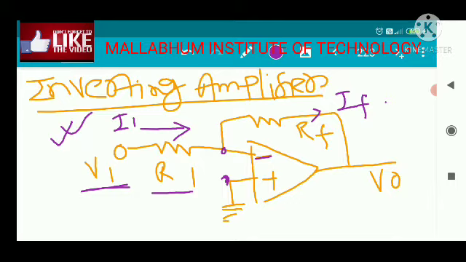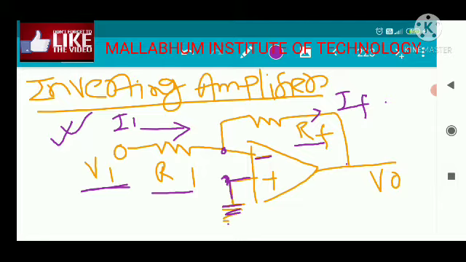Now you can see this is the feedback resistance RF through which output voltage is being fed back to the input. So this is a clear cut indication of the negative feedback. Okay, so the non-inverting terminal of the operational amplifier is grounded. Now for the circuit analysis, assume that the gain of the operational amplifier is infinite.